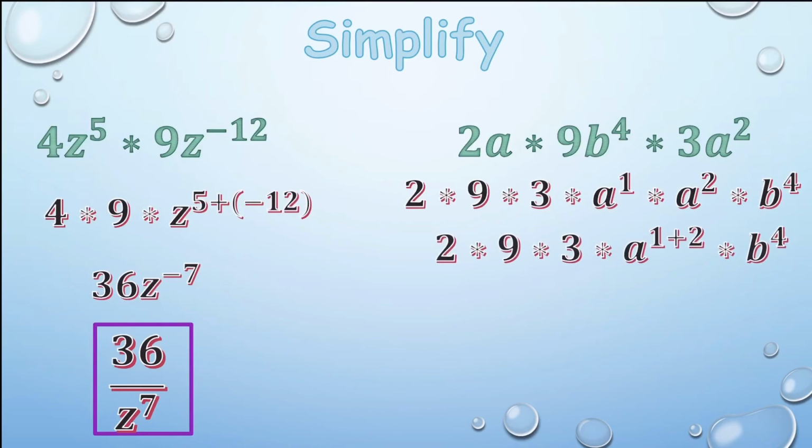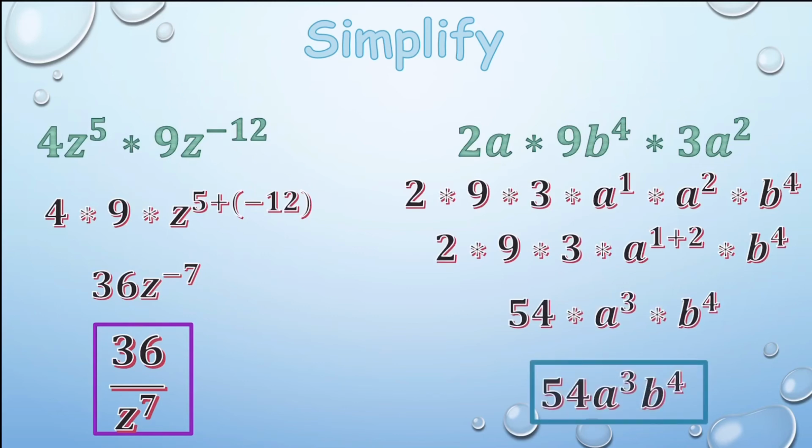You don't have to, you can do that mentally in your head. But you do need to do 2 times 9, which is 18, times 3, which is 54. I add 1 and 2. Now, technically at this stage, that's the right answer, but we write it without those multiplication symbols in between.